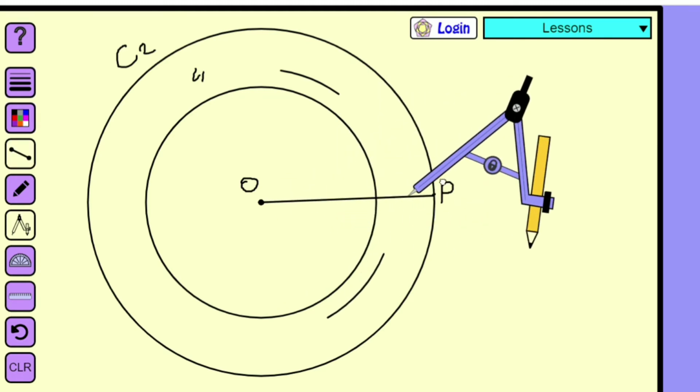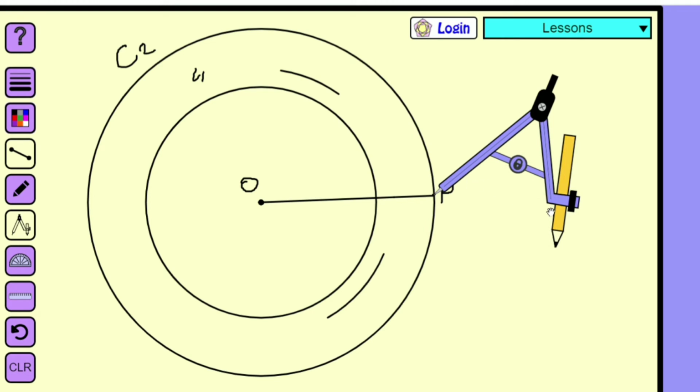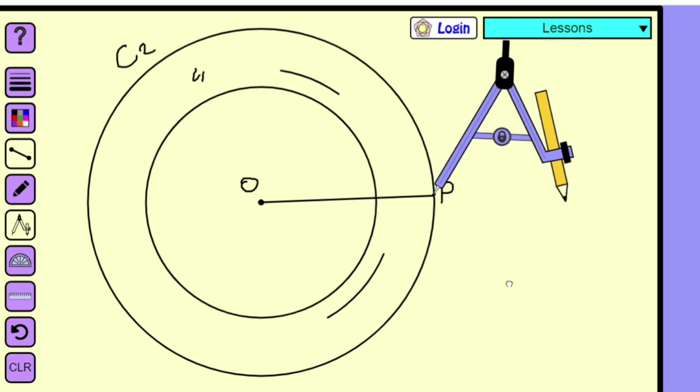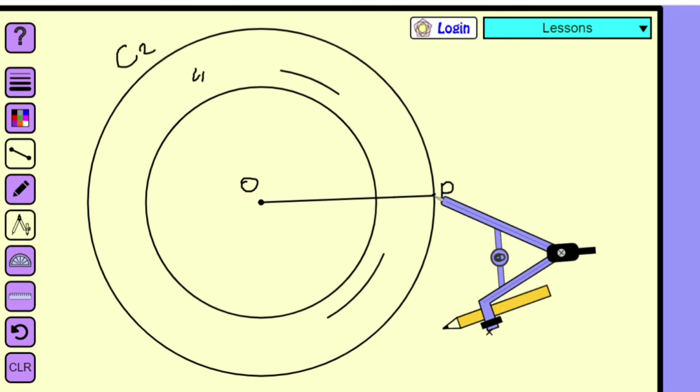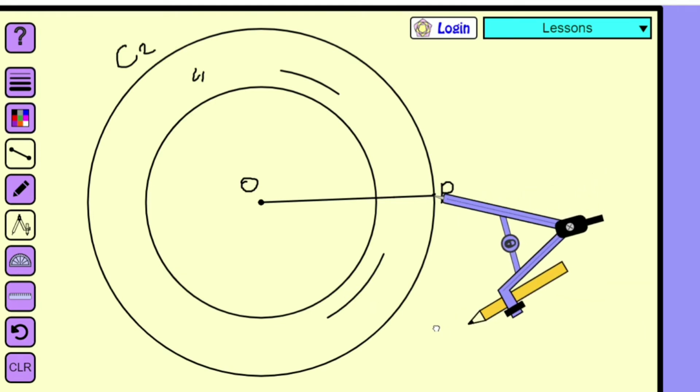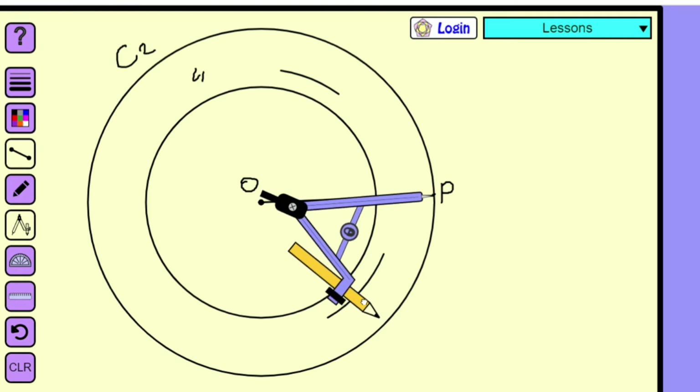With P as center and the same radius, cut the above arcs.